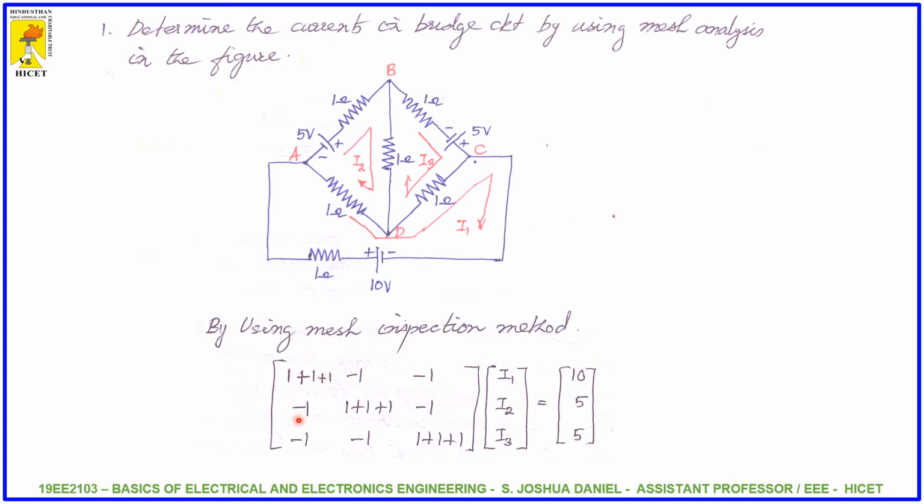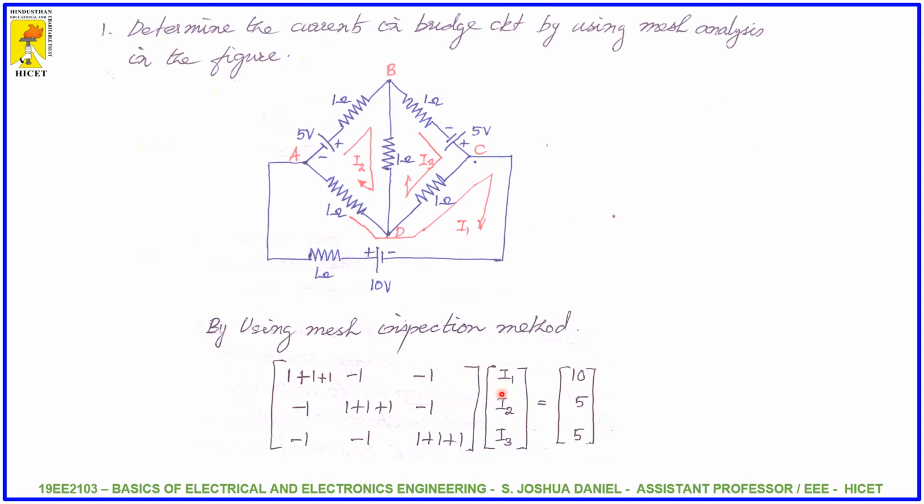Similarly, we have the next R21 common resistor here, R22, the total resistance in loop 2. This is the total resistance in loop 2, 1 plus 1 plus 1. Then between 2 and 3 minus 1 ohm resistor, right? So then R31, R32, R33 total resistance in the third loop, right?